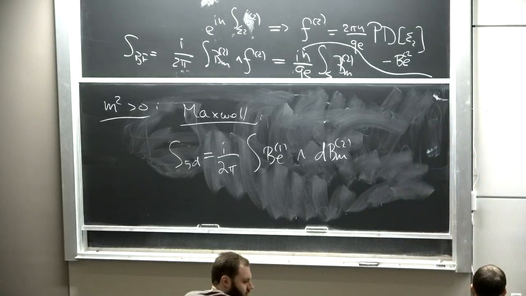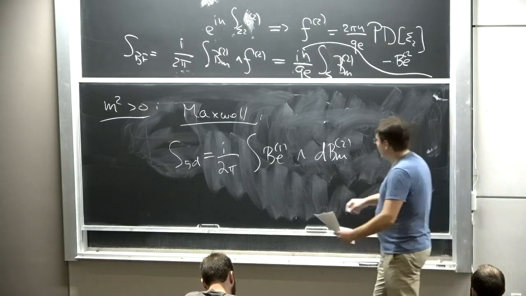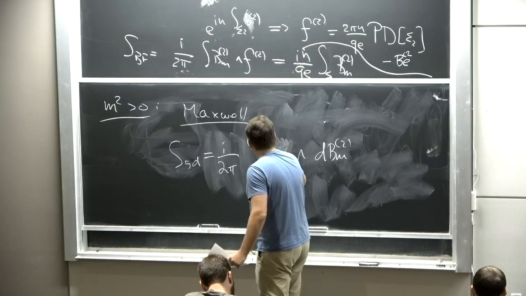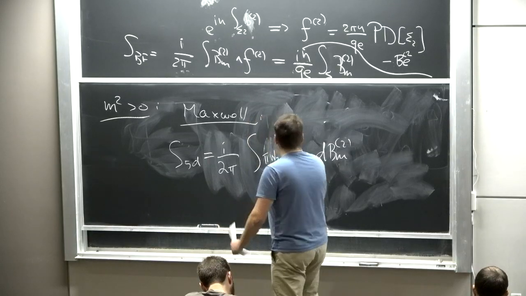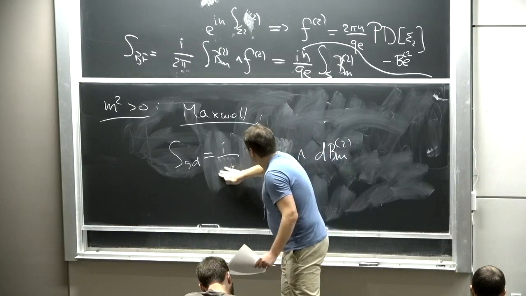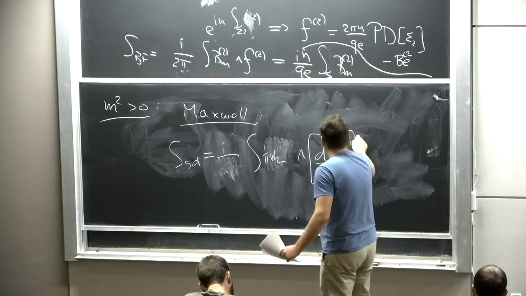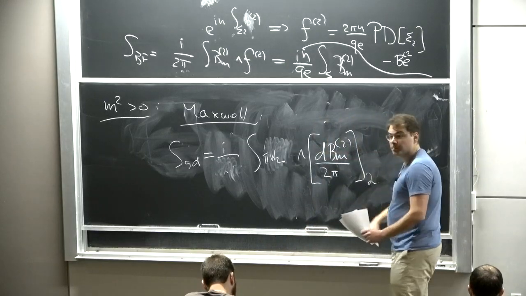However, B electric is not a good one-form background gauge field. However, we have learned that the coupling to the SO3 flavor symmetry and the projectiveness of the Wilson lines are tantamount to setting B electric to be pi times W2 of the SO3 bundle. So let's do that in this formula. Let's replace this by pi times W2 of the SO3 bundle, and then we can pull out the 2 pi and reduce this integer cohomology class mod 2.